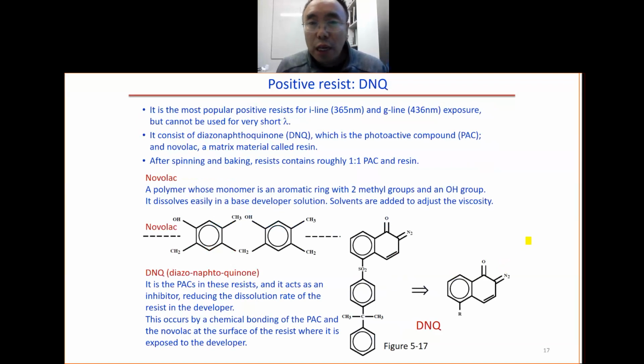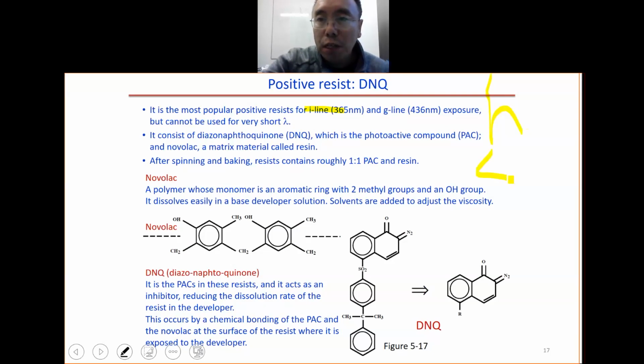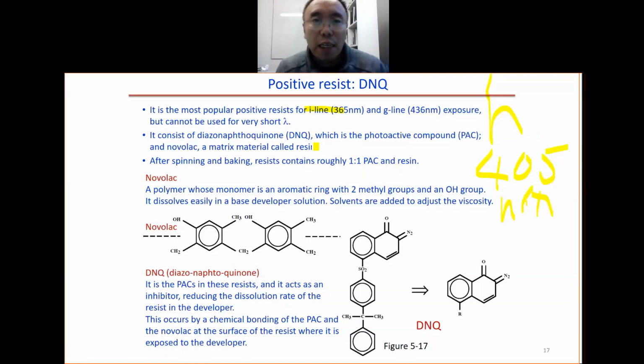So now let's look at positive resist. So the most popular positive resist for the I line and the G line and also H line, which is 405 nanometer. This DNQ is the most popular resist for the I line, G line, and H line exposure, but it does not work for the shorter wavelengths.